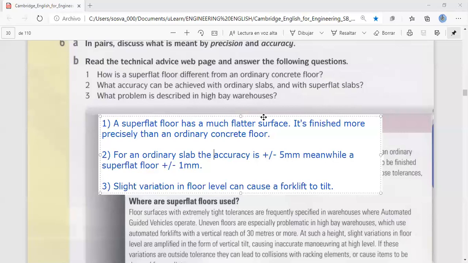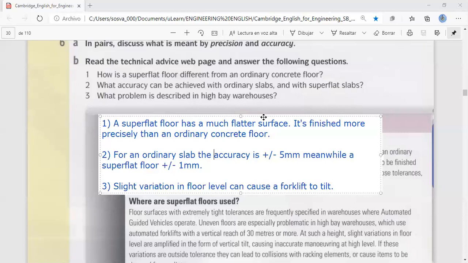For floors that are not super flat, it's necessary to use a pneumatic tire. For super flat floors, it's necessary a hard tire. It's interesting in this case.